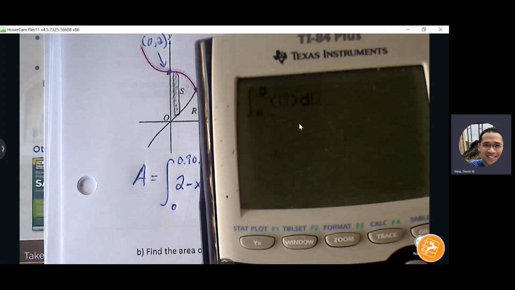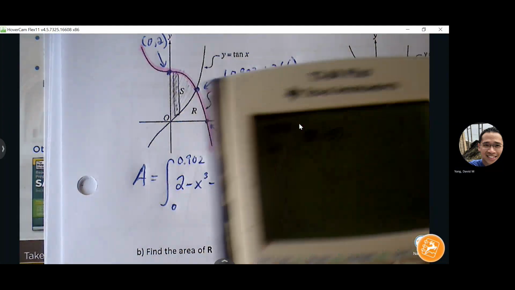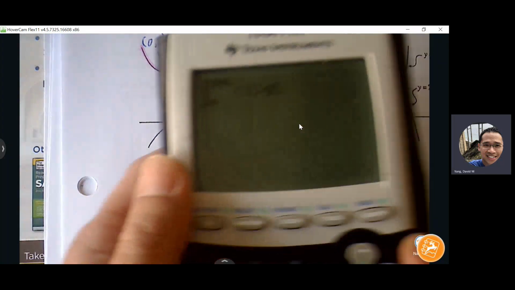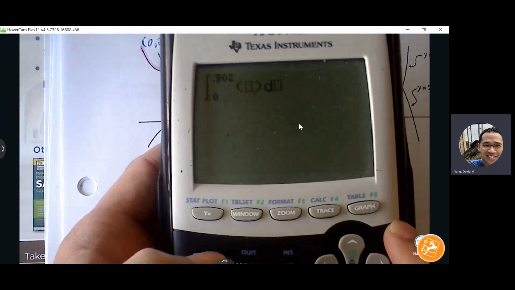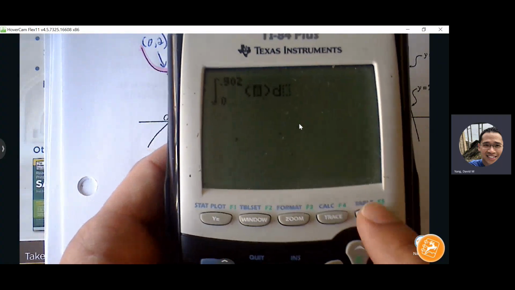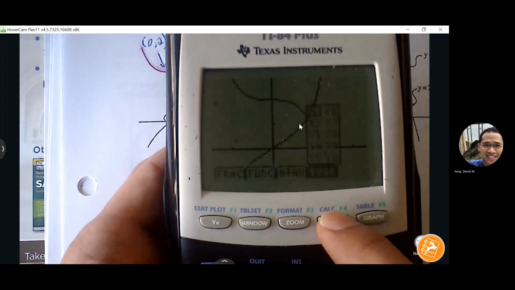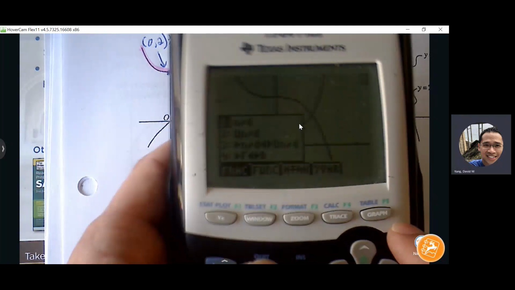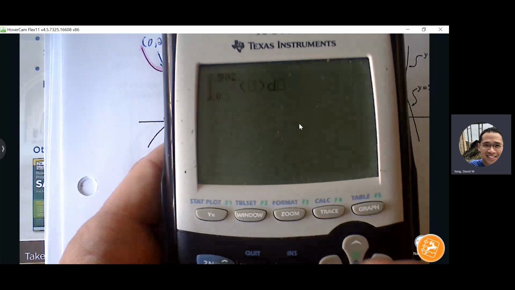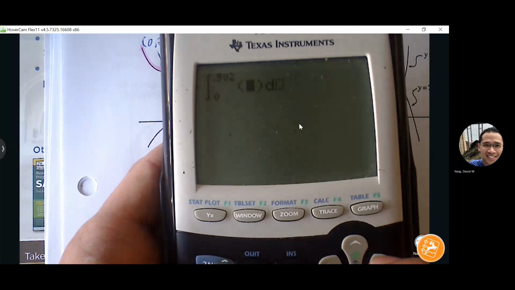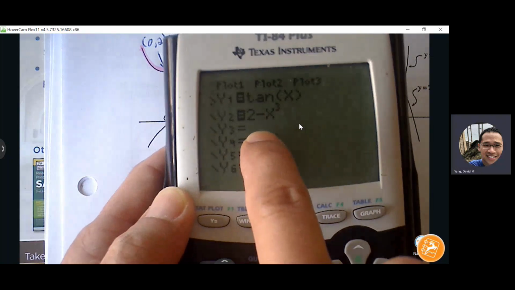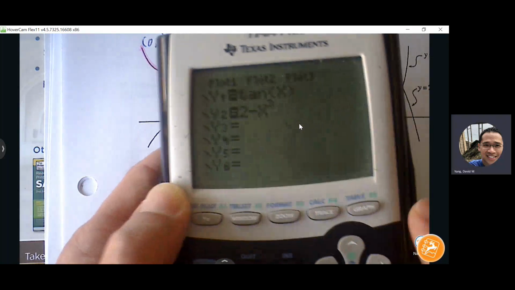Now, I do want to show you something here. We have these two functions stored in y1 and y2. If you do alpha trace, my top function is stored as 2 minus x cubed.